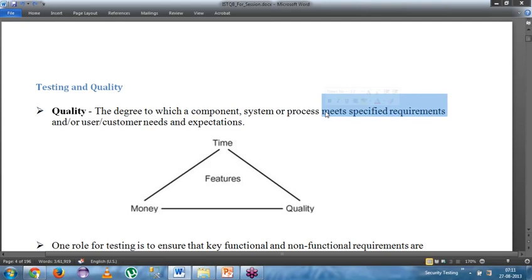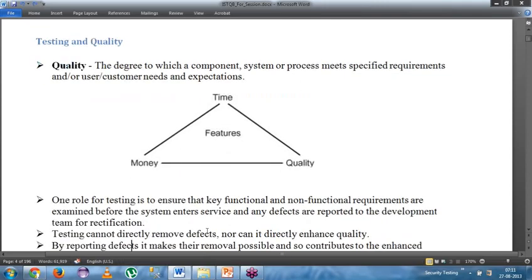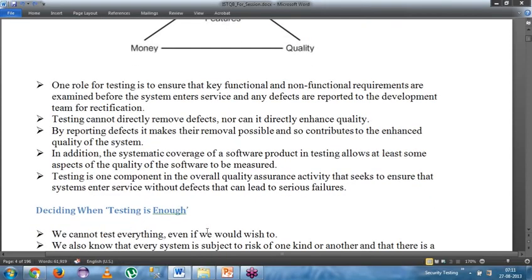Be it a test case, a design, or the testing, we should focus on the client requirements. These things we will come to know as and when we progress. Whatever the deliverables, they should all be associated with our client requirements, client needs, or expectations.